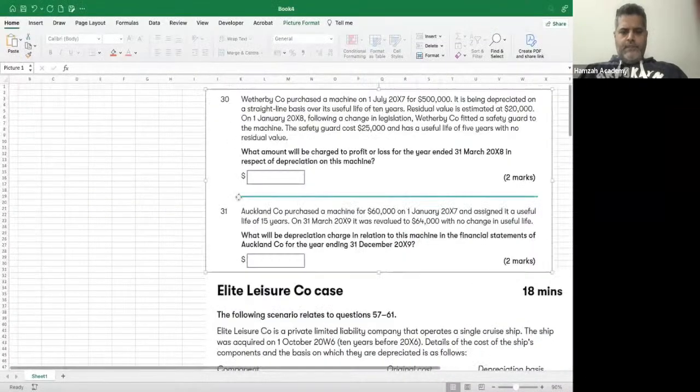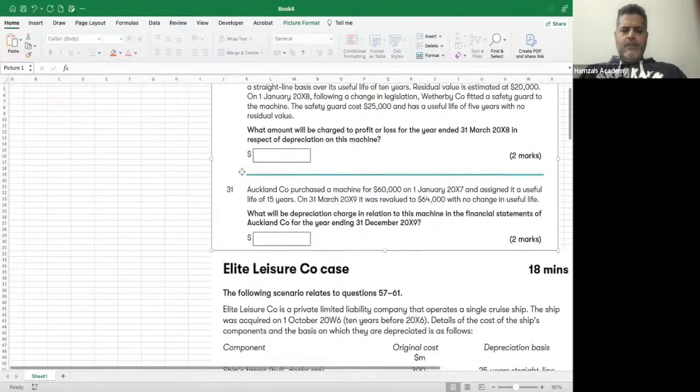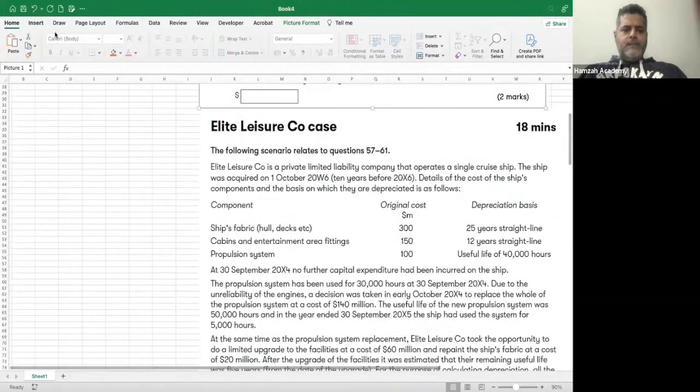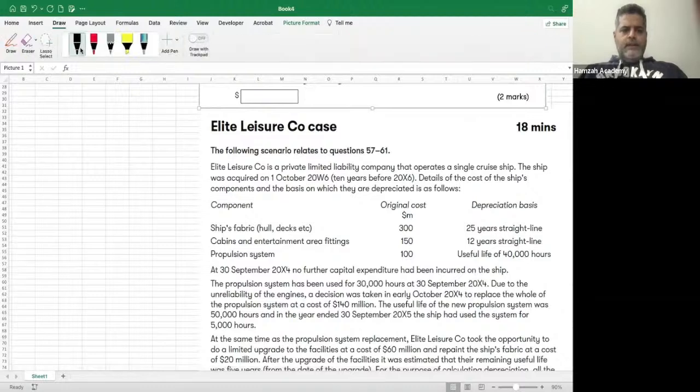So, these are the questions from the exam kit basically we'll be doing today. But obviously, this is again related to IAS 16. We'll talk about these 30 and 31 over here in a while. It's the Elite Leisure company case question over here. And this is related to section B of your syllabus.